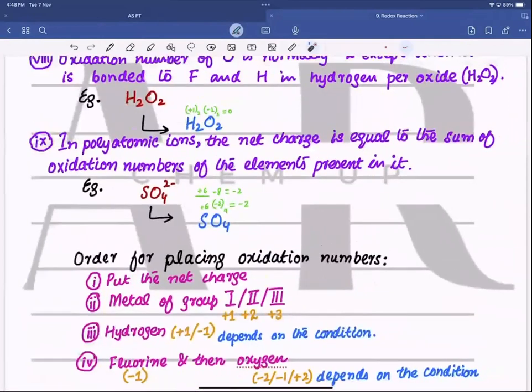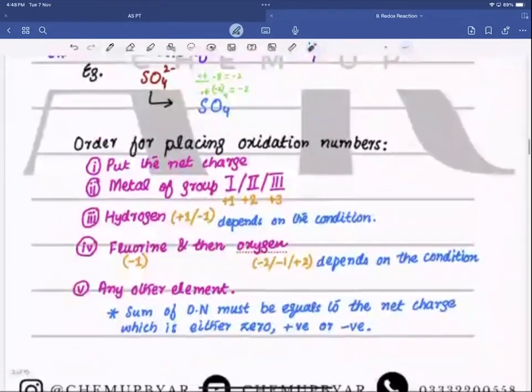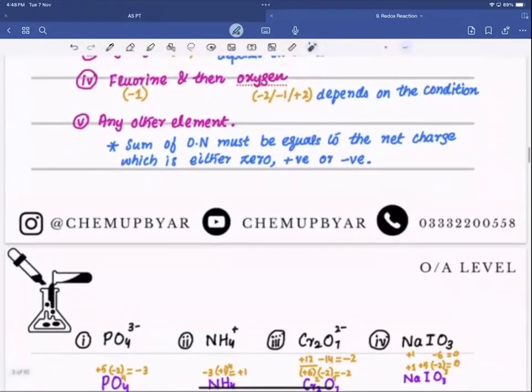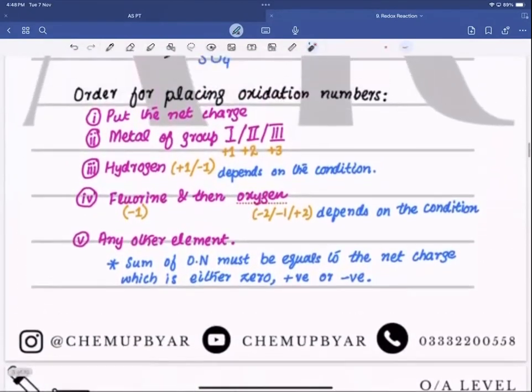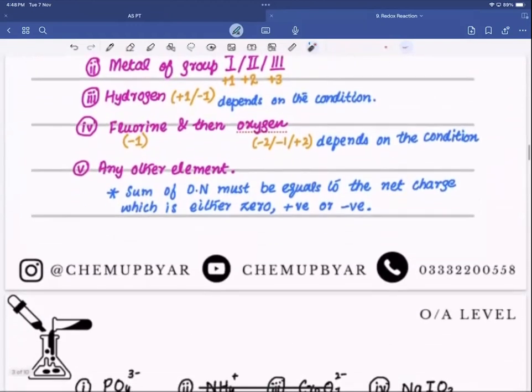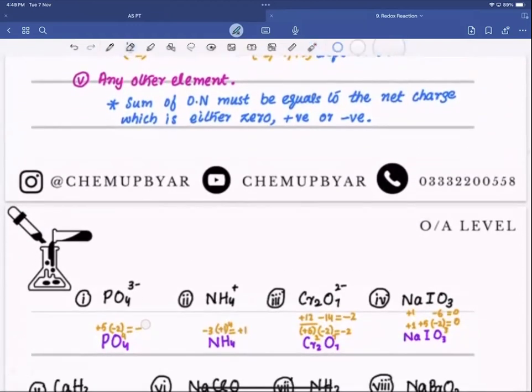Any other element that is written in the order for placing oxidation numbers, the fifth point. Can you please give an example of it? Yeah, I'm going to give you these examples. These three, I'm going to solve for you.